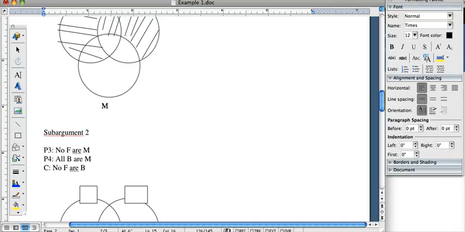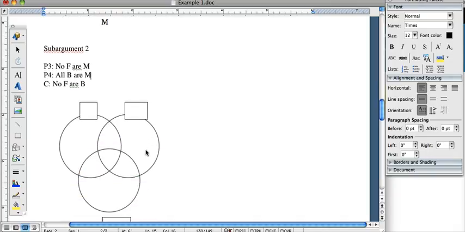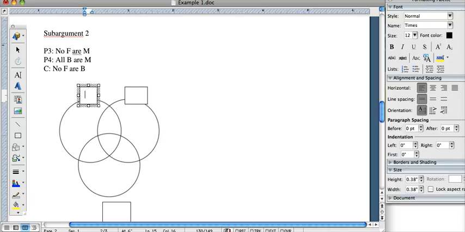for our other argument. Okay, so now we need to label these circles.